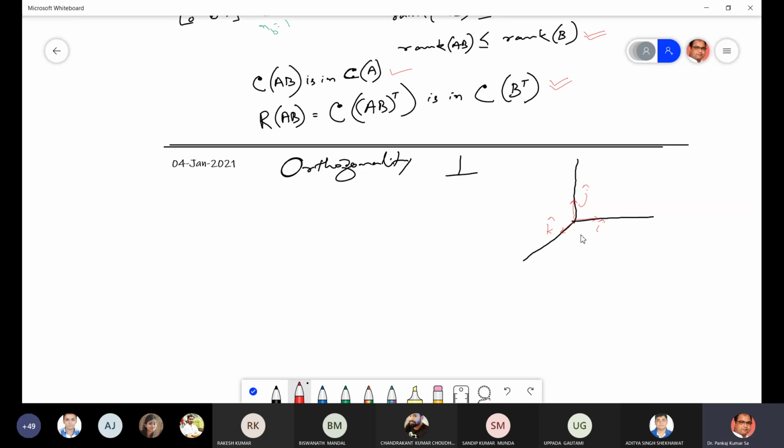And another important property of this is that i cap, j cap, k cap are unit vectors, or so to say, they are orthonormal.